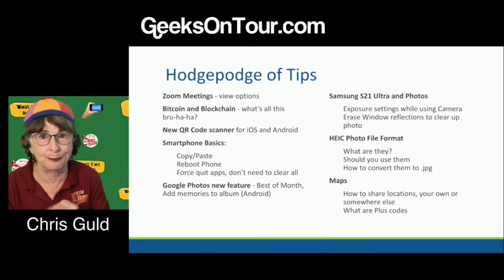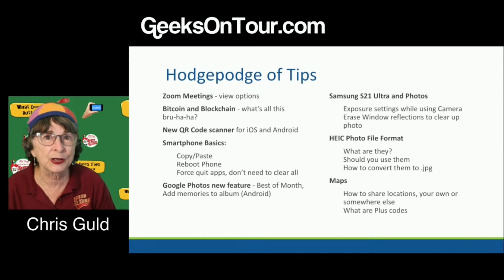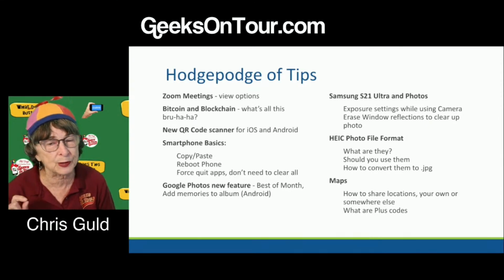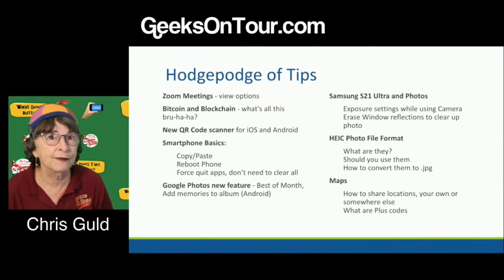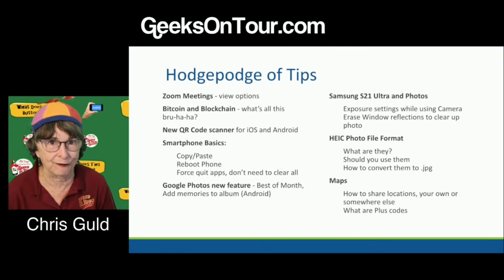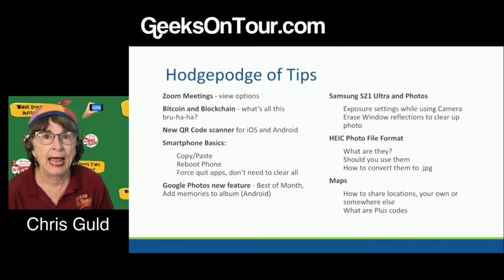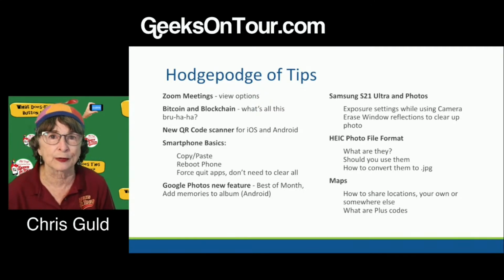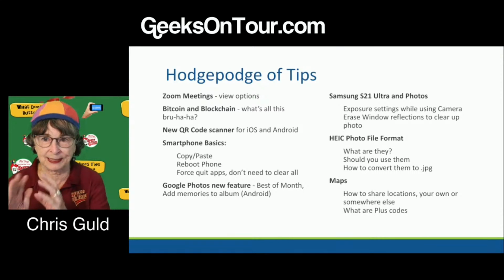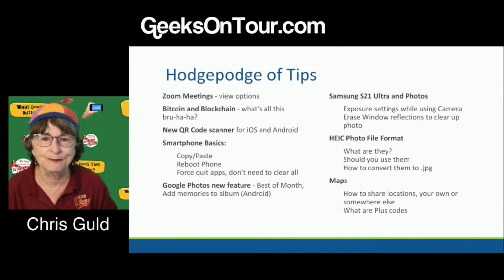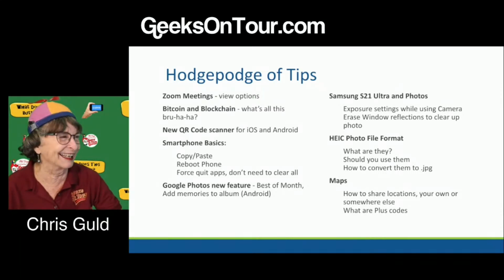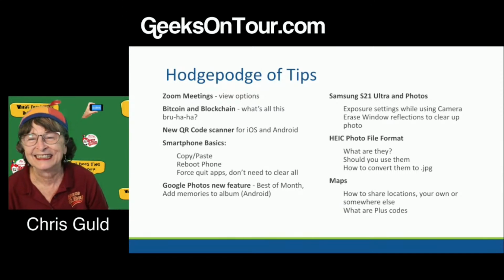We're going to do one on Bitcoin and blockchain, QR code scanning, a few smartphone basic, favorite old time tips, a Google Photos new feature, a Samsung S21 Ultra camera tip, talk about HEIC photo file format a little bit, and then one tip on sharing locations with maps. So that's what we're going to do. Let's see how fast we can cover this.